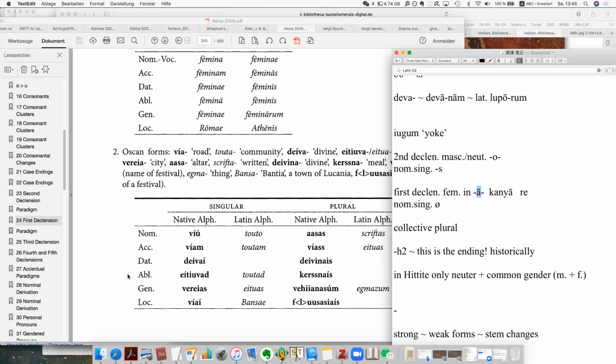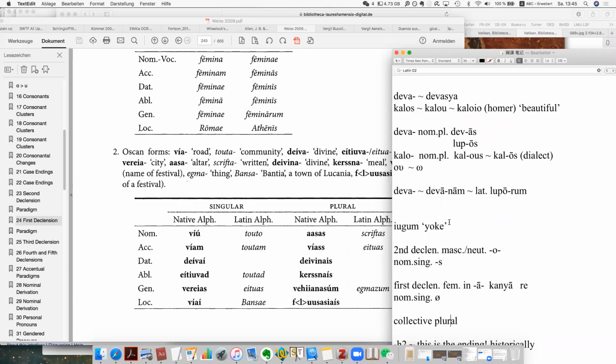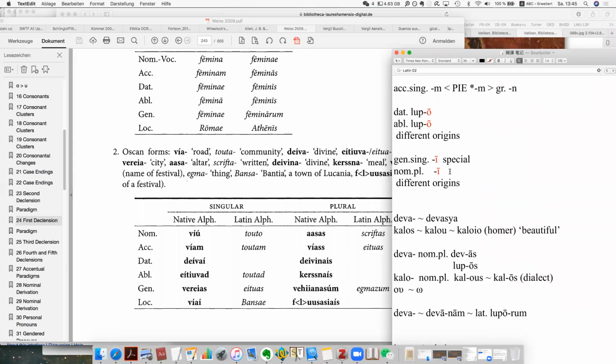So in Latin, nominative plural and dative singular are the same ending. Genitive singular and nominative plural are the same for the old declension.